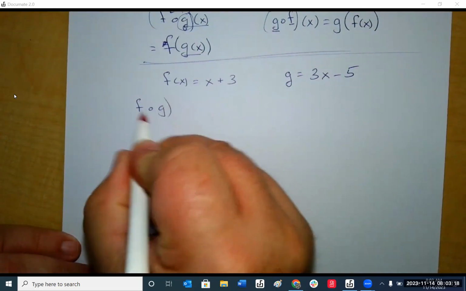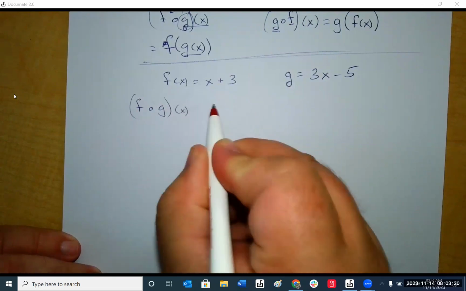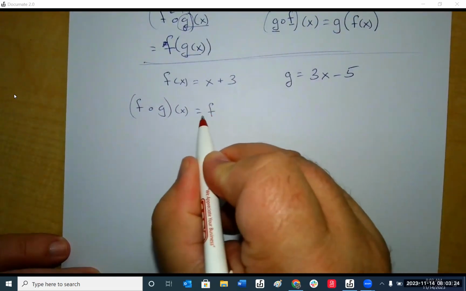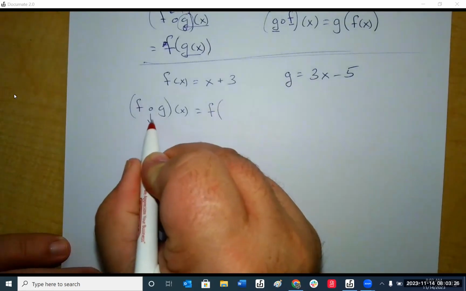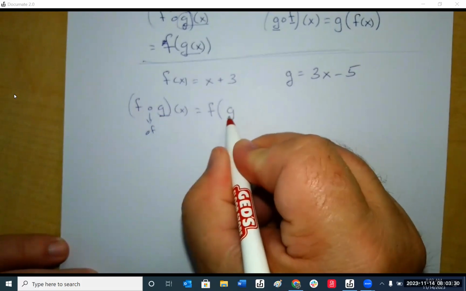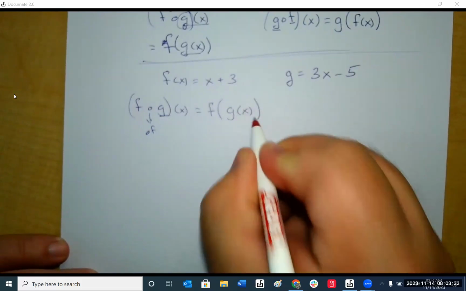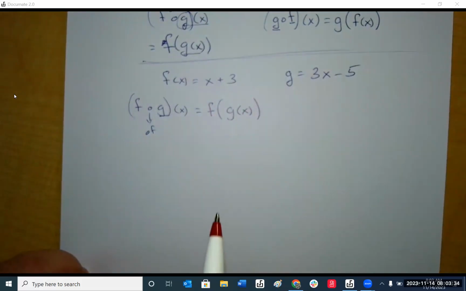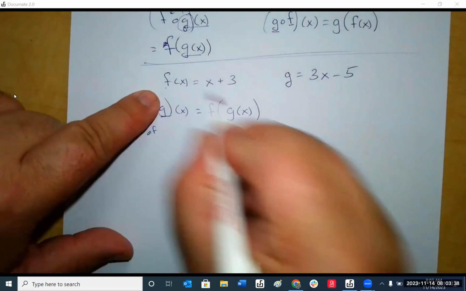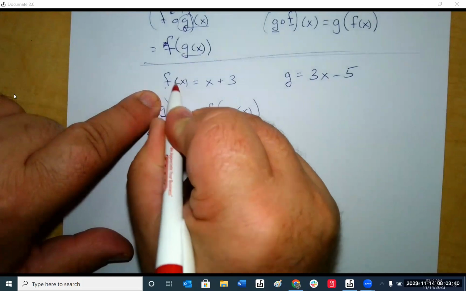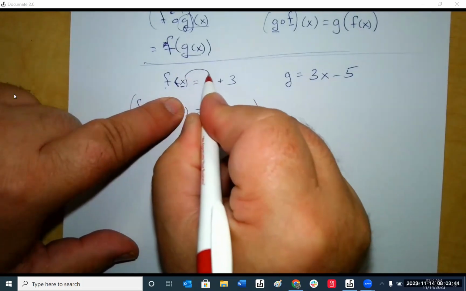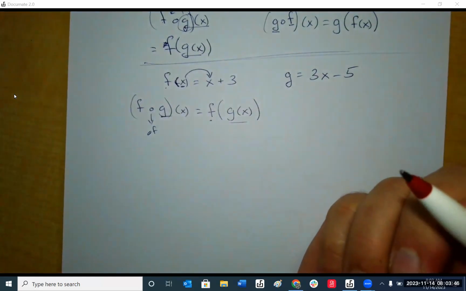If I ask you to find f of g, we would write the f, of g of x. Now, what does this mean? Because, here's a function name. The function name is f. Whatever's inside the parentheses goes in place of the variable inside the equation.